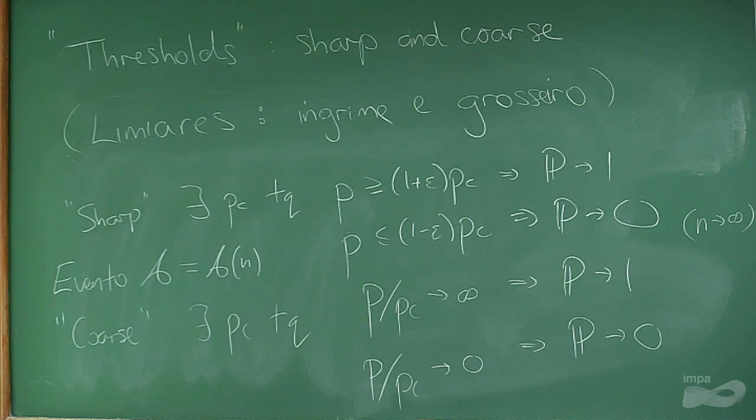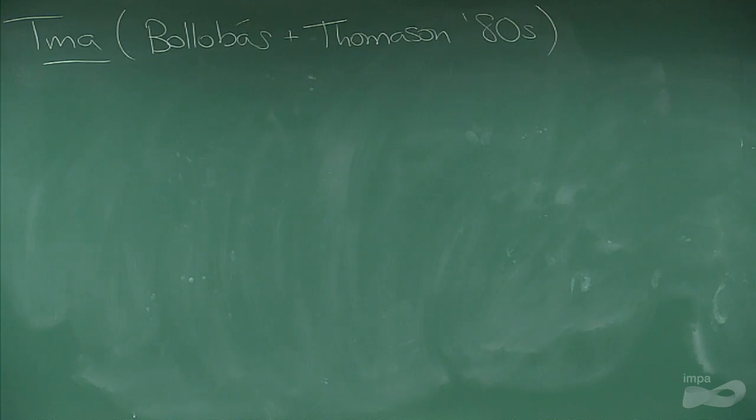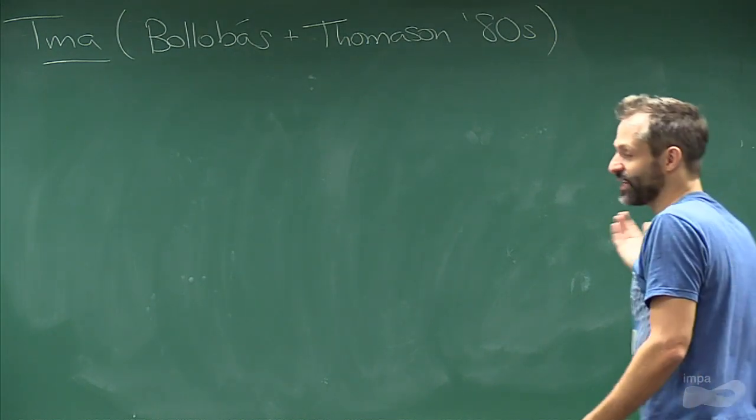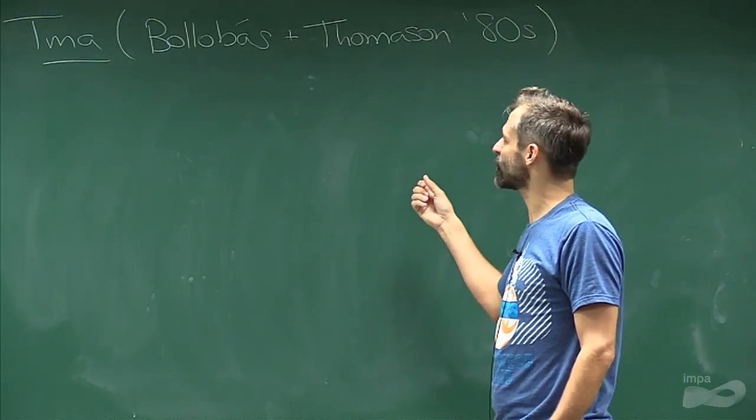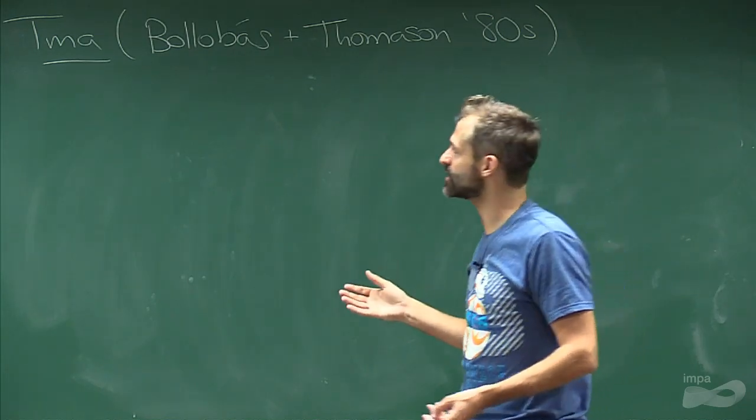When you first see this definition, there's no reason to think that any property has a threshold. Why would thresholds exist at all? But in practice, when we looked at things, we found they were everywhere. This theorem of Bollobás and Thomason, which is not very difficult to prove, shows there's a good reason for this: they really are ubiquitous.